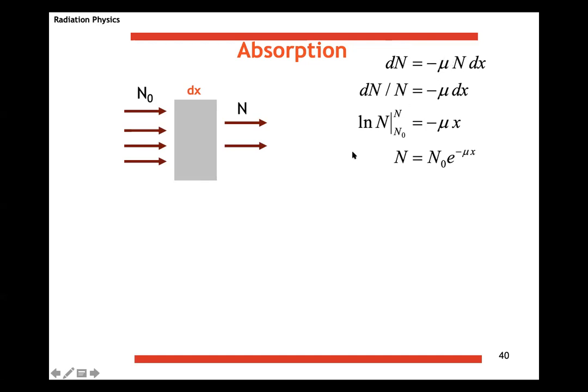So generally, every time you deal with photons, doesn't matter if it is radio waves, terahertz, microwaves, light, UV, or X-rays or gamma rays, the absorption is described by this kind of formula, n equals n0 e to minus mu x, that comes from the solution of this very simple differential equation of the first degree.